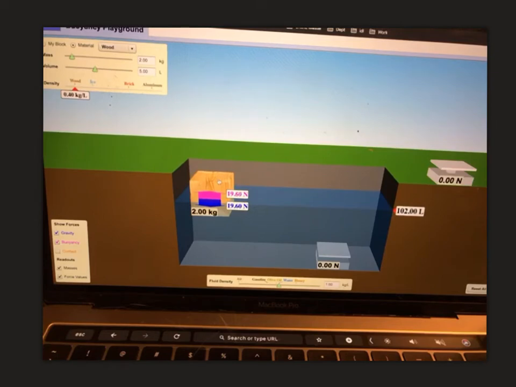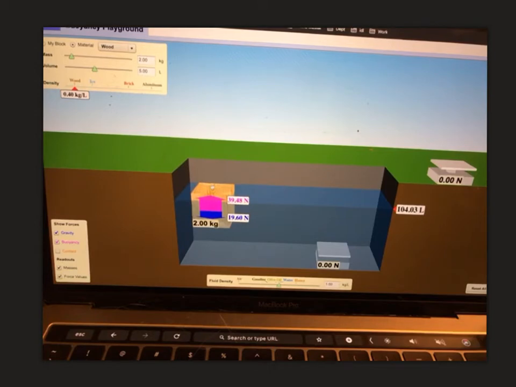Now, notice here that the pink here is the buoyant force, and the blue here is the force due to gravity on the block, so 2 times 9.8. If I apply an additional force on top in order to push the block further into the water, notice that the amount or volume has increased.